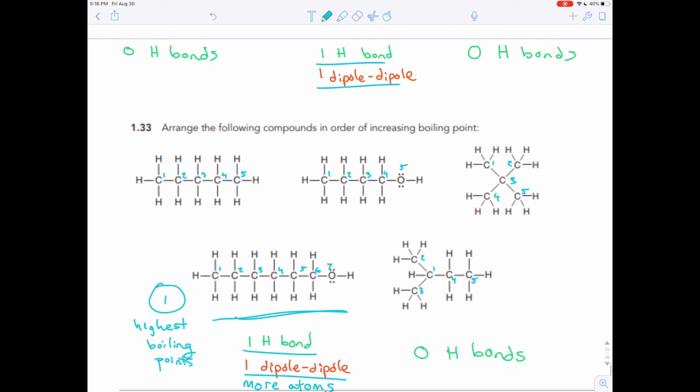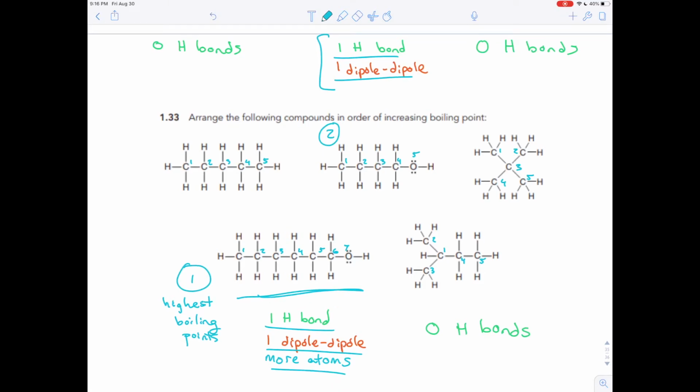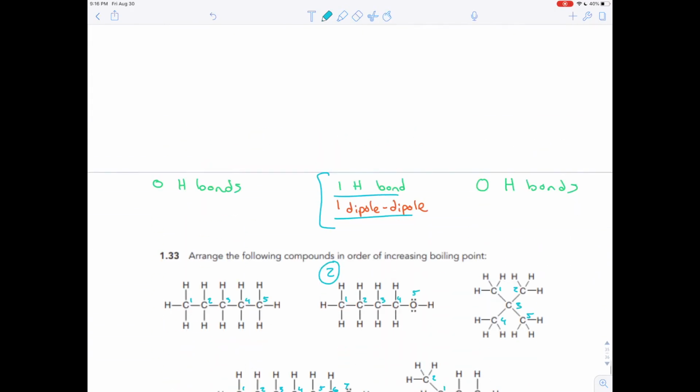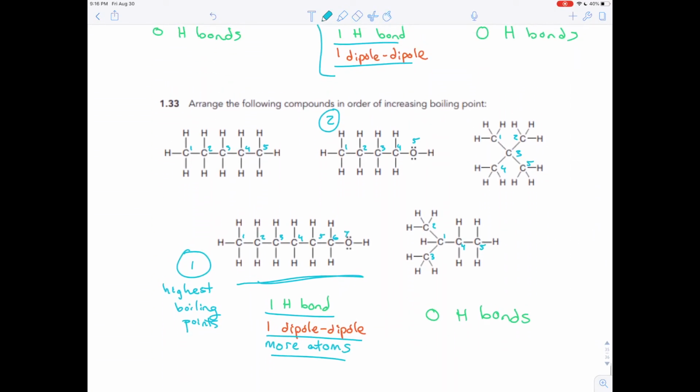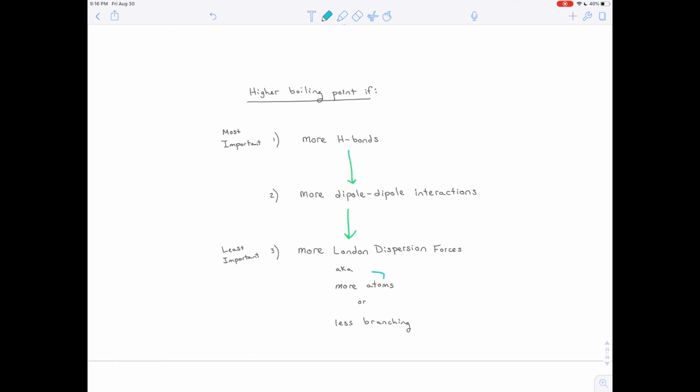The next highest boiling point would be this one here, because that's the only other one that has these really strong intermolecular forces. Okay, so now we have the other three. The other three have 0 hydrogen bonds, 0 dipole-dipole interactions, so they all tie and they all bring us down here.